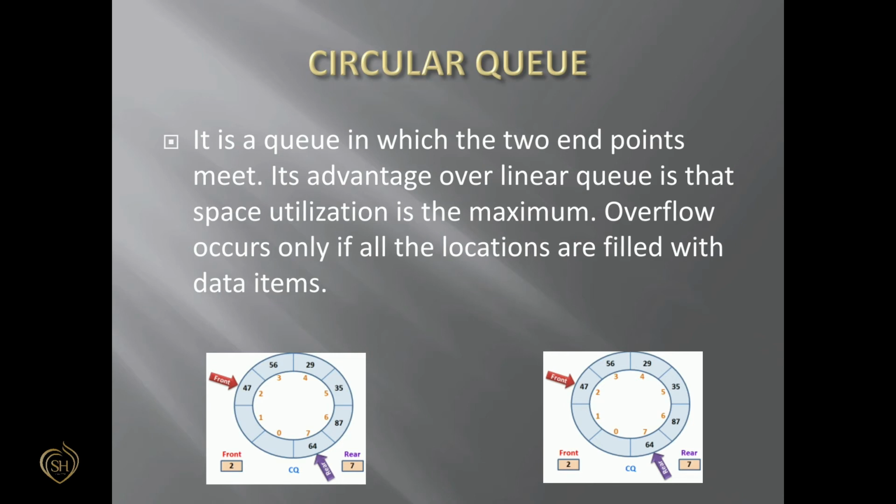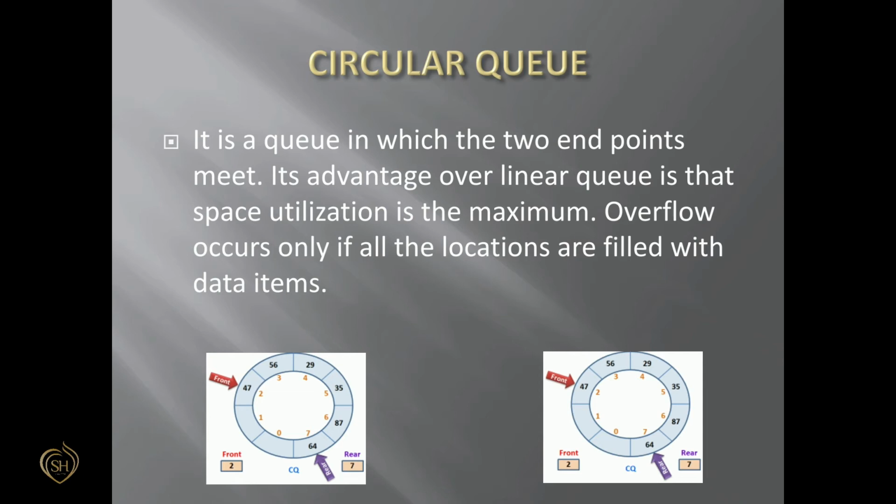There is another queue called the circular queue. In the linear queue, some spaces will be empty. When we delete 4 elements from a size 5 array, the first 4 spaces will be vacant.